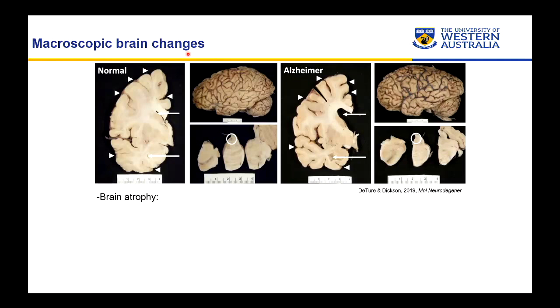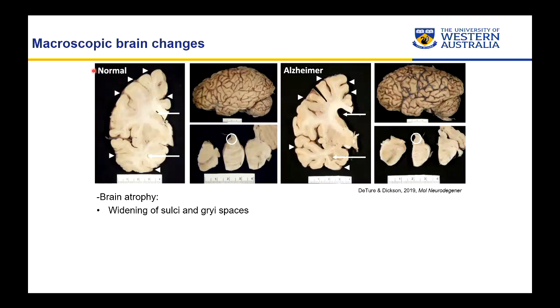This is at the non-microscopic level, things that you can see with your naked eye. If we obtain the brain of someone that has Alzheimer's disease versus someone that doesn't, one of the things you see is brain atrophy. You see some changes in the brain where there's loss of brain tissue. That's one of the big hallmarks of the disease.